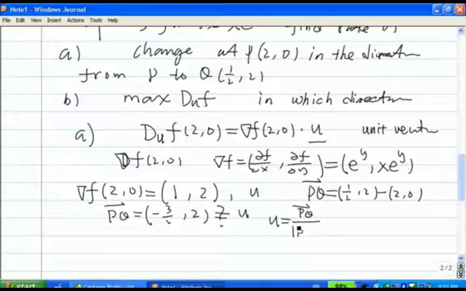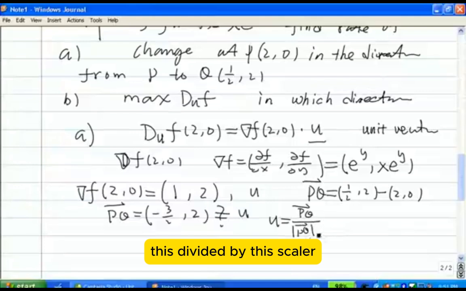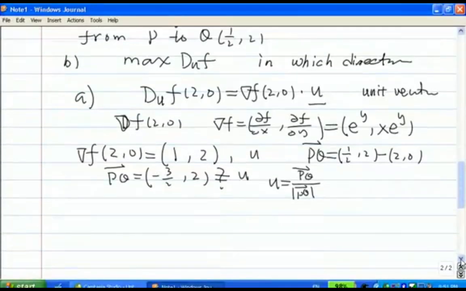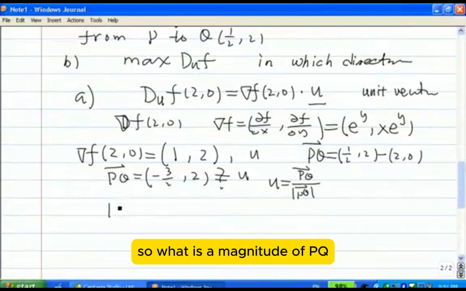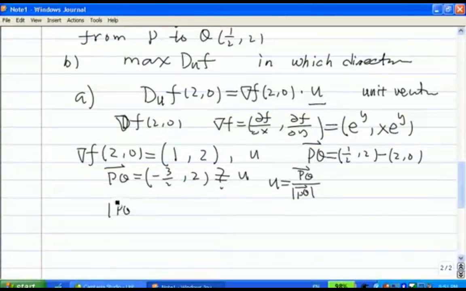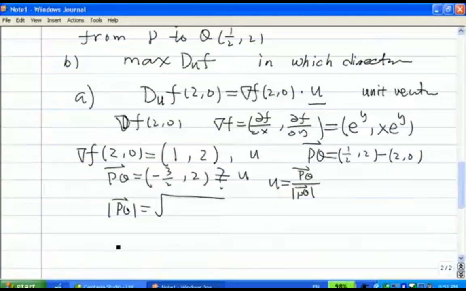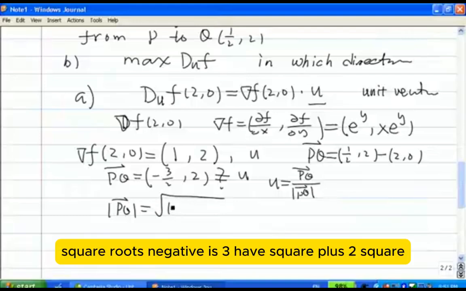Dividing by this scalar will not change the direction, only changes the magnitude. So what is the magnitude of PQ? The square root of (negative 3/2) squared plus 2 squared.